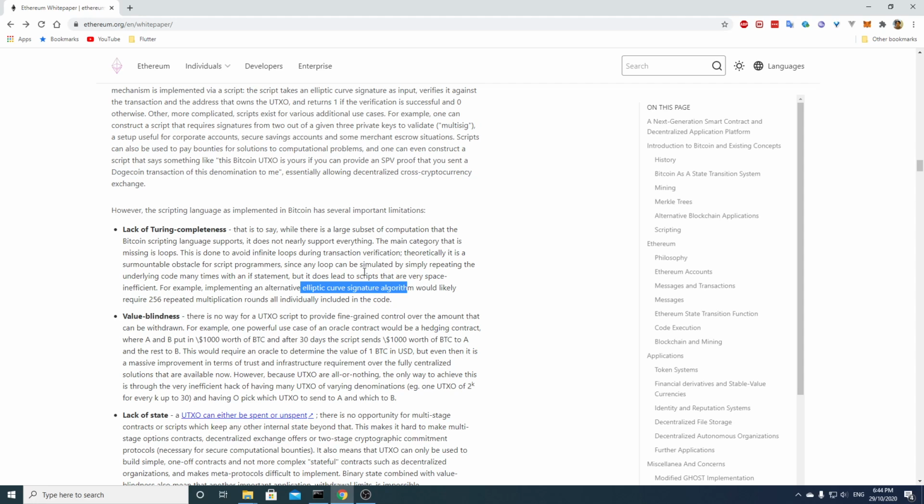There's an operator for that, which is verify using elliptic curve signature. But if it was not, and you wanted to implement it yourself, you would need that loop, because otherwise you would have to do 256 doublings without the loop. And that's not the only limitation. This is going to be just one part of the stuff.